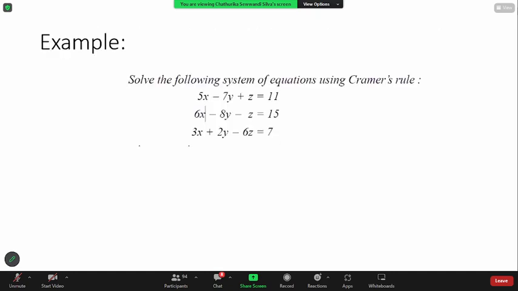This is the set of equations. Now, please solve the following system of equations using Cramer's rule. When the question says solve the following set of equations using Cramer's rule, if I am specifically writing that, you can't use the traditional method to solve this.